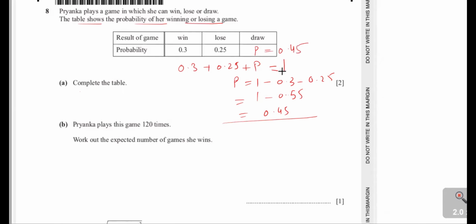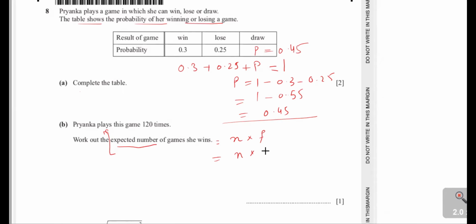So the value of P is 0.45. Next, part B. Priyanka plays the game 120 times. Work out the expected number of games she wins. The expected number of games she wins will be equal to the number of times multiplied by the frequency. Here the frequency is equal to the probability of winning.